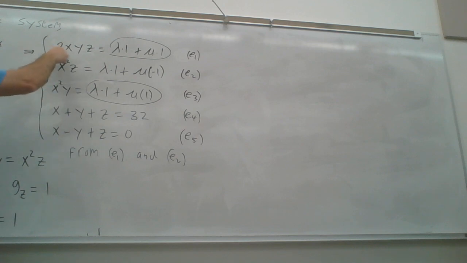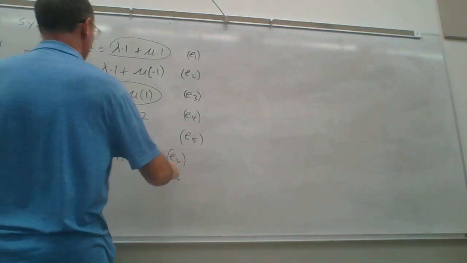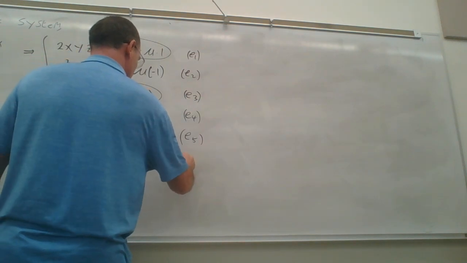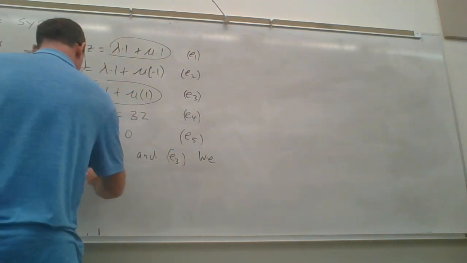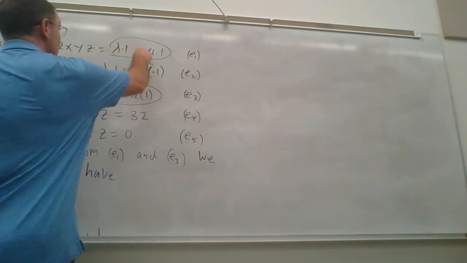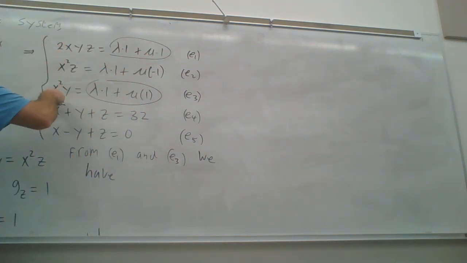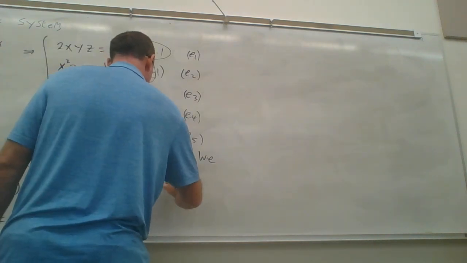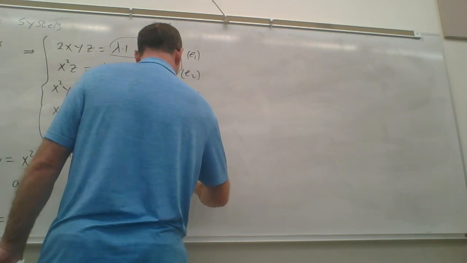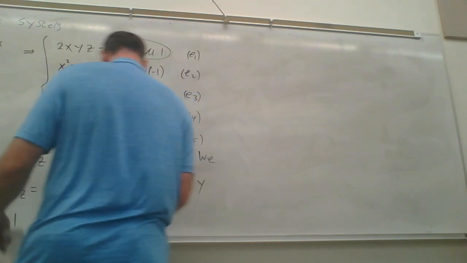So it means that this needs to equal that. For equation 1 and equation 3, we have both these sides equal, so it means these must equal. We have 2xyz equals x squared y.